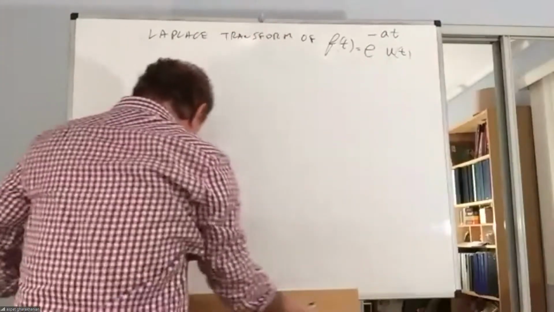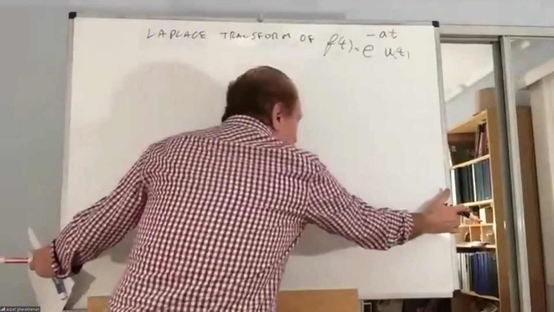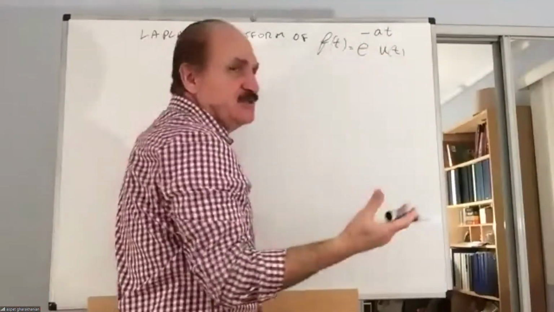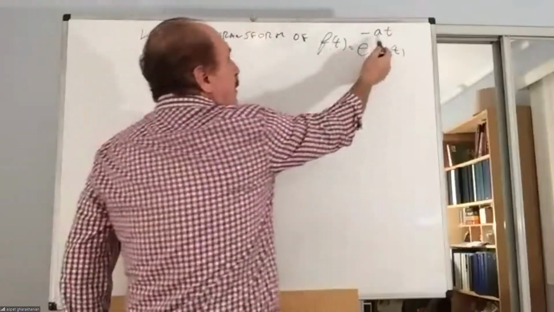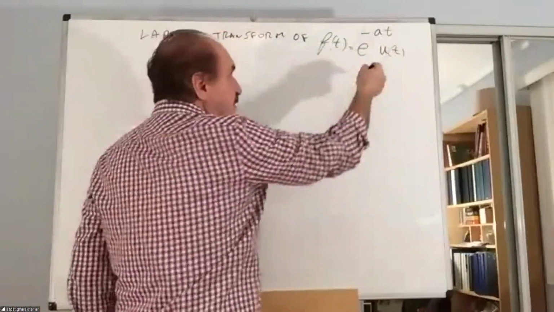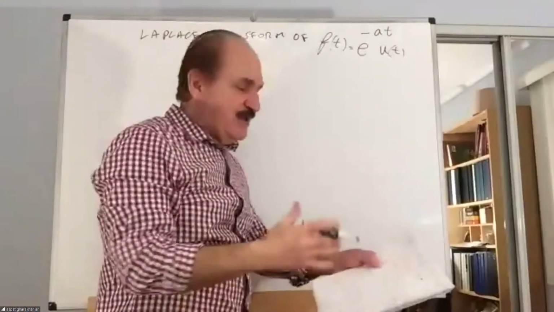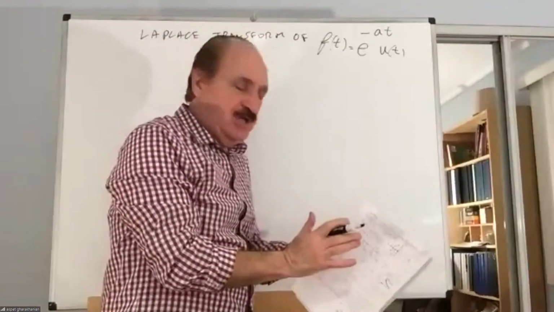What type of a function is that? This is the exponential function decaying. If a is positive, it will decay. If a is negative itself, it will grow exponentially. U of t is basically the step function which is associated with it.